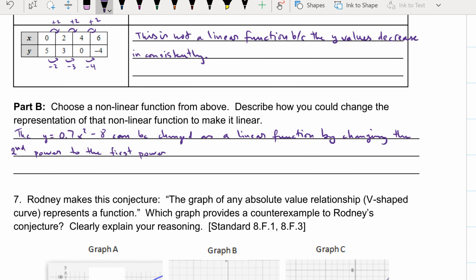I'm not sure if it's clear what I'm trying to say, but what I want to say is y equals 0.7 x minus 8. This is a linear function.